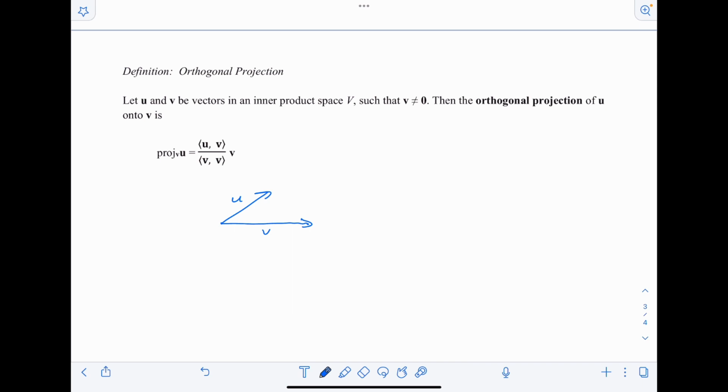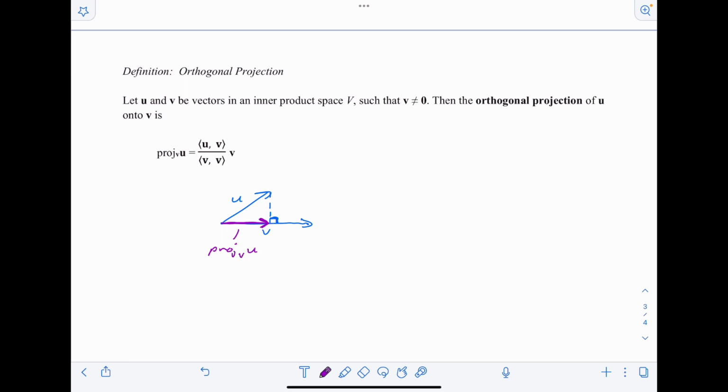But when I cast that shadow, I'm going to cast it in such a way that it goes perpendicular to v. That's the orthogonal part of this. So what I'm finding is this vector right here. This is the projection of u onto v.